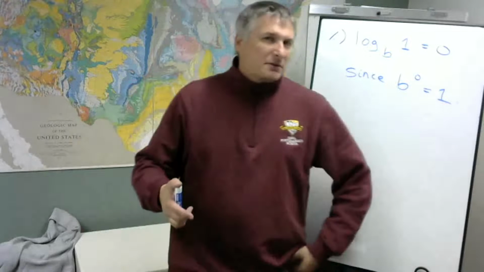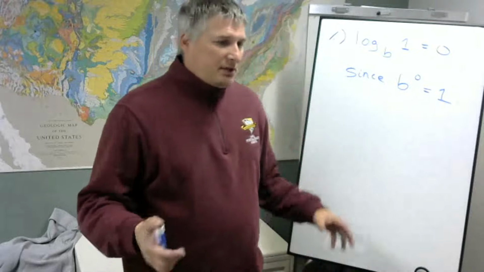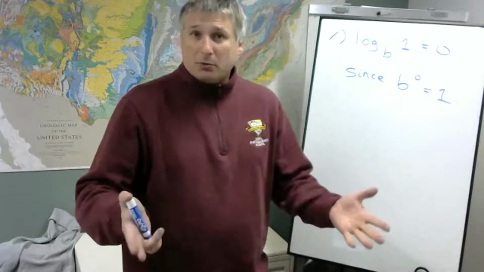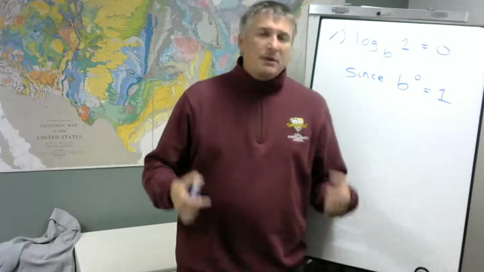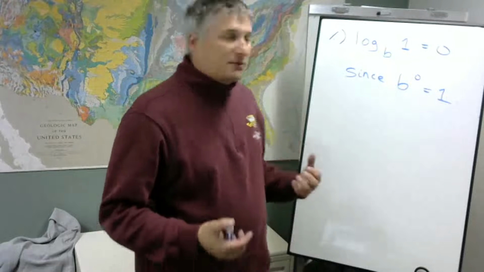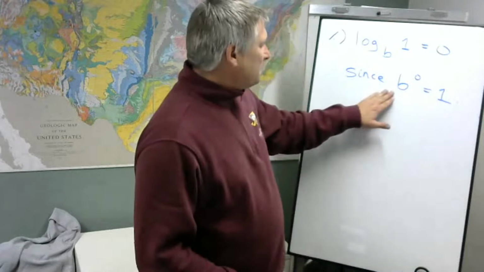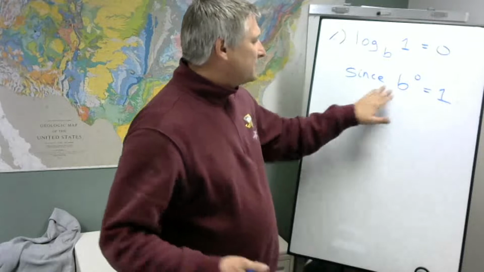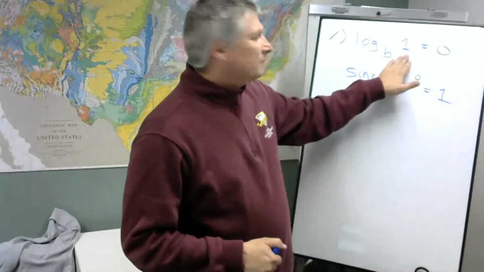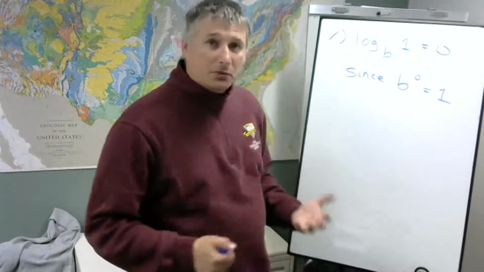You might recall we had some limitations on the base for the exponential function. We said b had to be greater than 0, no negative bases, no 0 bases, and the base was not equal to 1. So we're going to inherit those same restrictions here with our logarithm. So in this case, we're going to consider b just greater than 0. So b to the 0 gives you 1. And that's always going to be the case, regardless of what we choose for b.